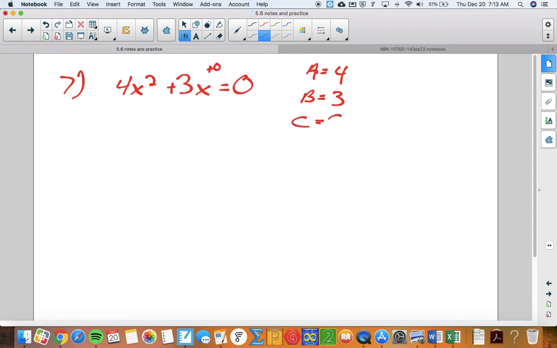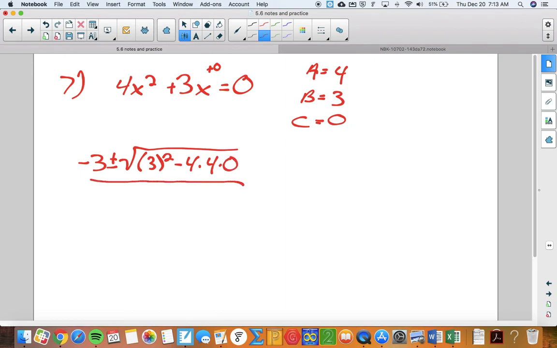That's the same as saying there's a 0 over there. So here we go. So we have the opposite of B plus or minus the square root of B squared minus 4 times A times C all over 2 times A. I think if I say it like that very clearly, my mind and body will do it.